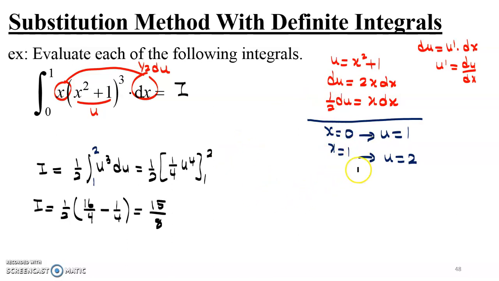However, if you do not wish to change the bounds, you could just work on finding the antiderivative of the function all the way to its expression in terms of x, and then evaluate it between the bounds corresponding to x.